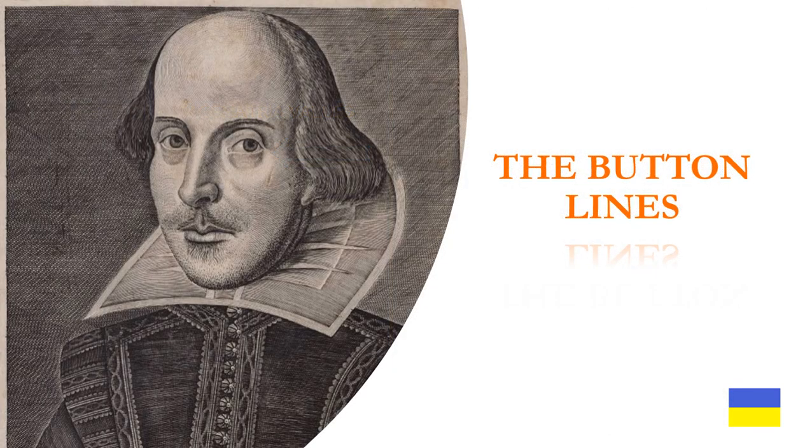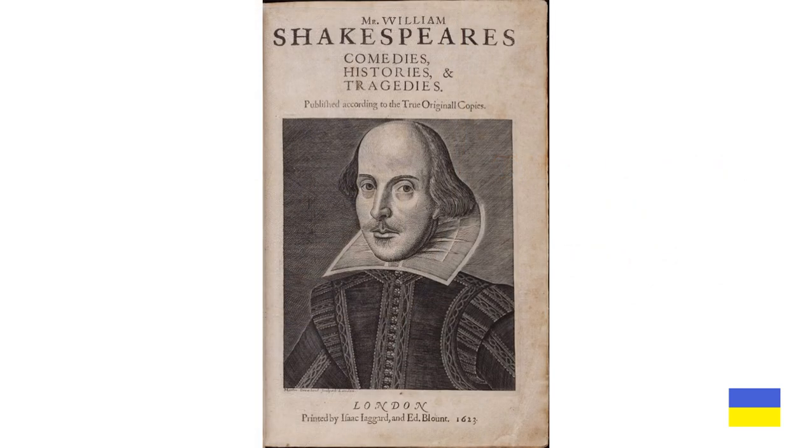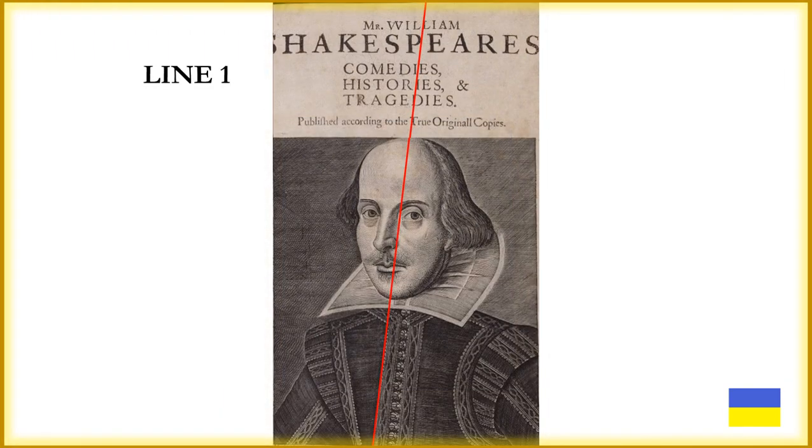Now we move on to the button lines. What I'm going to do is draw lines from the seams and embroidery alongside the buttons to see where they land up, especially in the title block. Line 1. We are going from left to right.